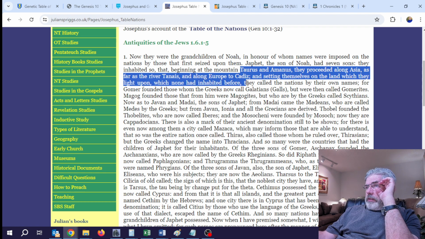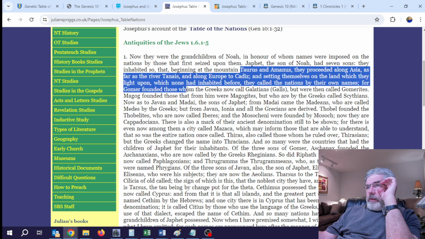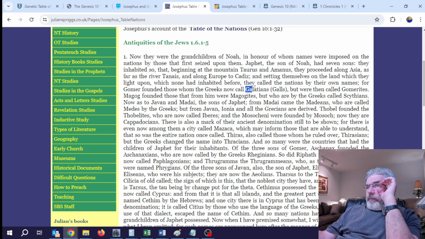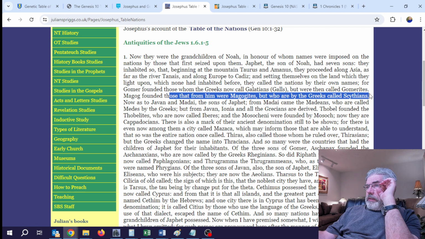They called the nations by their own names, for Gomer founded those whom the Greeks now call Galatians. So, we recognize that as the letter to the Galatians from Paul. These were the Gauls, but they were called Gomerites in the past. Magog founded those that were from him were Magogites, but who were called by the Greeks Scythians. So essentially, many of the groups that populate Russia.